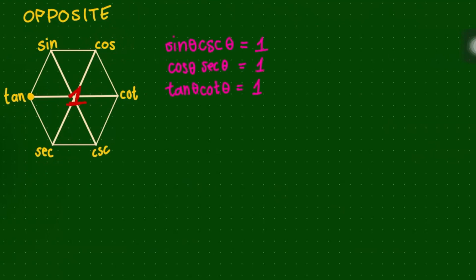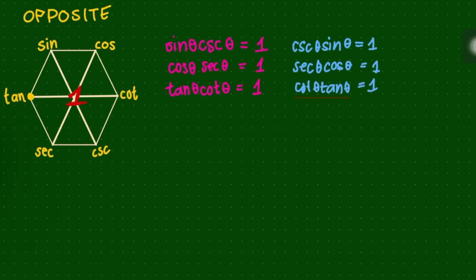Even if you interchange the two, the answers are still going to be the same, such as cosecant and sine is still 1. Secant and cosine is still 1, and cotangent and tangent is also equivalent to 1. That's the opposite. Now, let's move on to reciprocal.